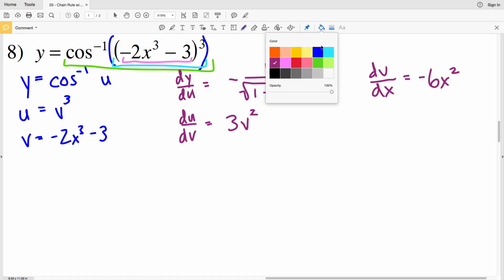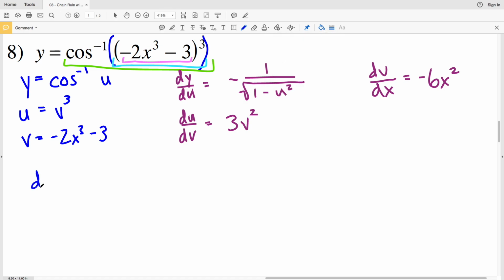So now, for dy dx, the derivative of y with respect to x, I'm going to multiply each of those together. However, I'm going to plug in my values of u and my values for v. So I'll have negative 1 all over the square root of 1 minus u squared, which u is v cubed and v is negative 2x to the third minus 3.